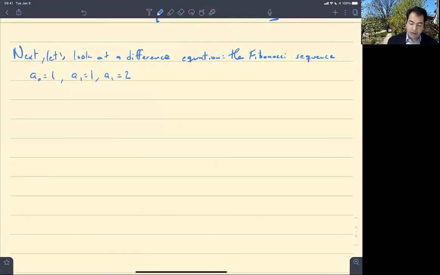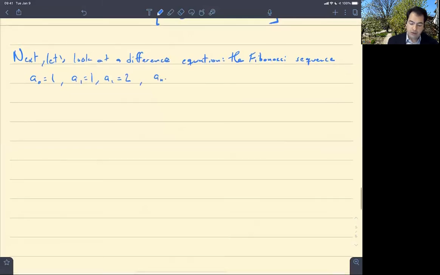So what that means is that a_(n+2) is going to be a_(n+1) plus a_n for all n. And so let's take this difference equation and try to figure out a formula for the nth term in the sequence. So let's ask ourselves, at the nth step, how many pairs of rabbits do we have?